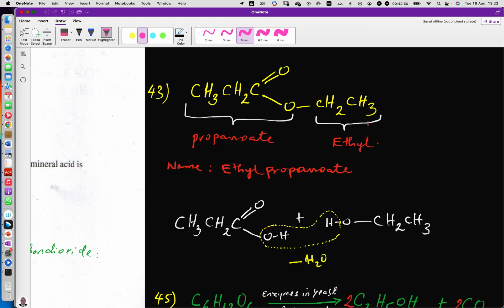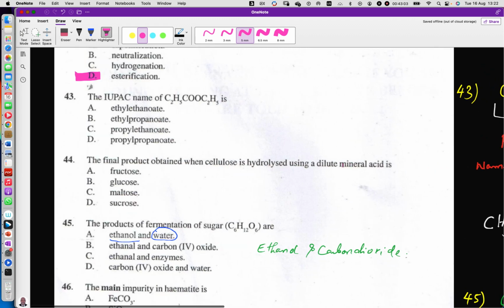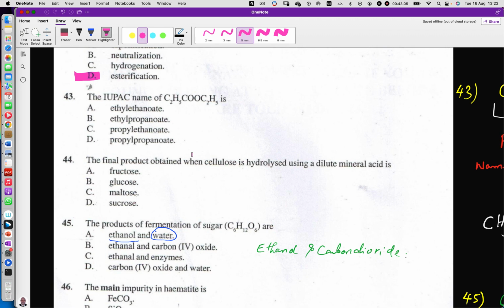So there are only 2, we call it ethyl propanoate. So the IUPAC name for the compound in question 43 is ethyl propanoate. That is B.